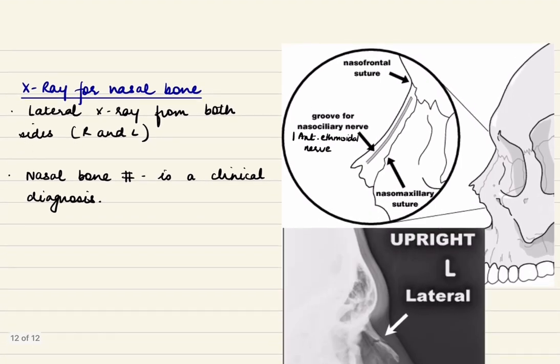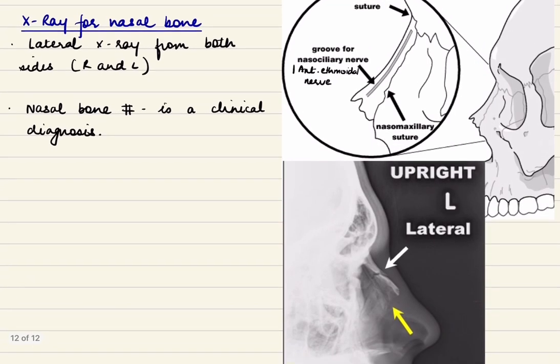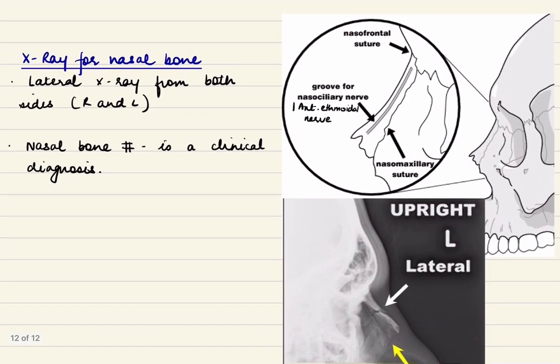Now coming to the X-ray for nasal bone. We do a routine lateral X-ray from both the sides, that is the right and left sides. Before seeing the X-ray, just a little bit about the anatomy. There are a couple of important sutures which we will see on the lateral X-ray.